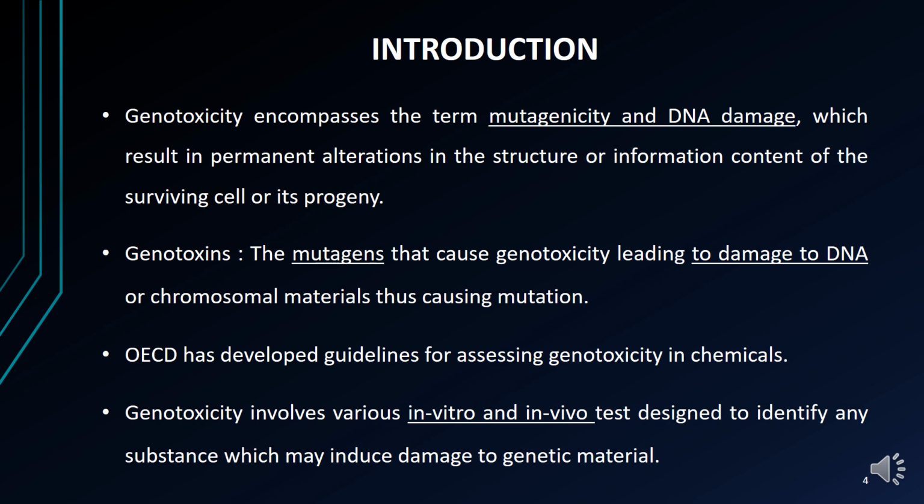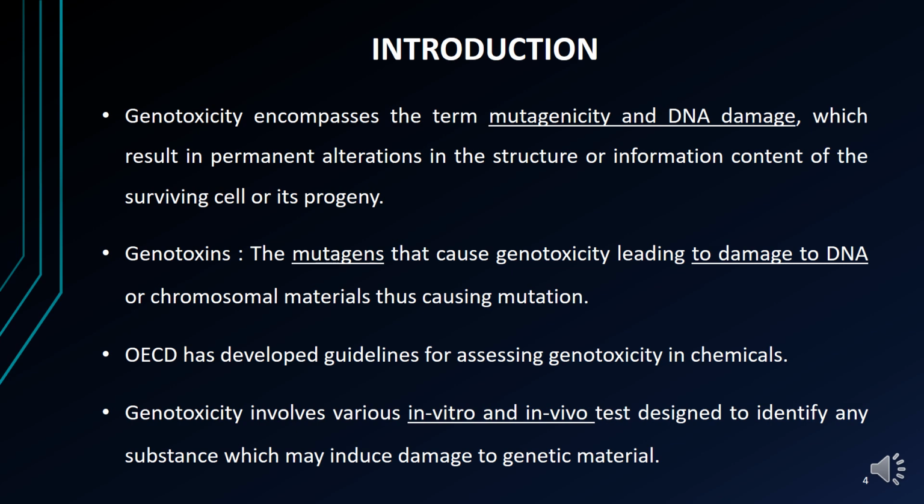The word genotoxicity encompasses the terms mutagenicity and DNA damage, which result in permanent alteration in the structure or information content of the surviving cell or its progeny. There are some chemical substances known as genotoxins, also known as mutagens, that cause genotoxicity, leading to damage to the DNA or chromosomal material, which leads to mutation.